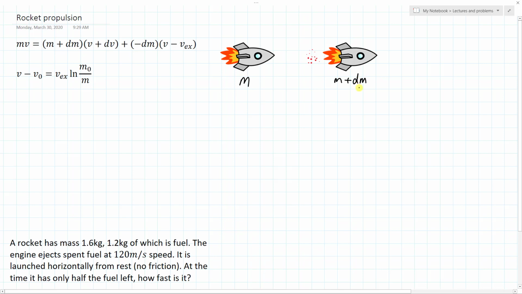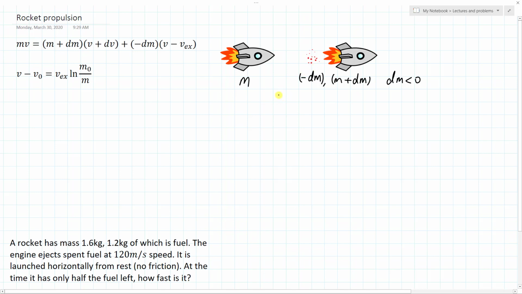Believe me, this is a little easier to handle. So let's just have in mind that dm is a negative quantity. By adding dm, we're actually losing a small amount of mass. So this mass is negative dm. Remember, dm is negative, so negative dm is positive. We have two separate masses, and they parted ways after the exhaust is expelled.